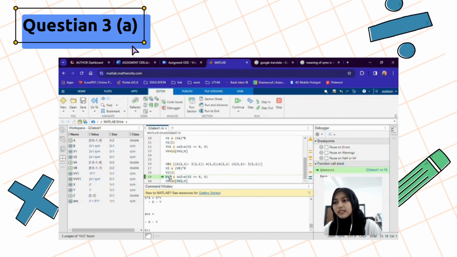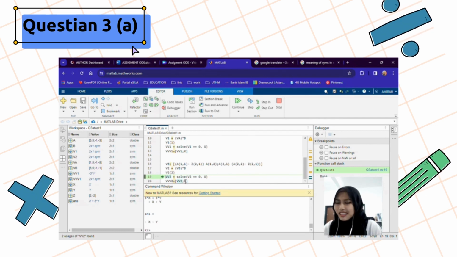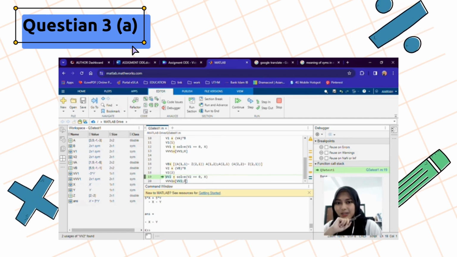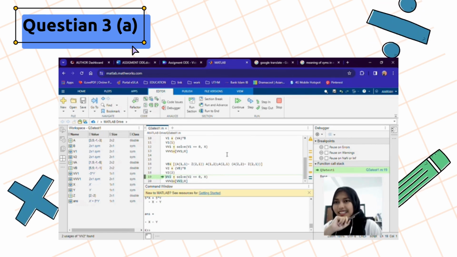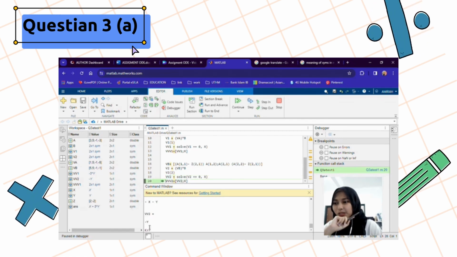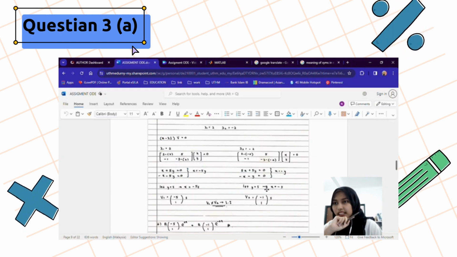Okay, and then for this coding, it will do the equation, it will calculate to let x and y be the s value. So it will display like this, x equal to negative y, just like I got here in my answer.